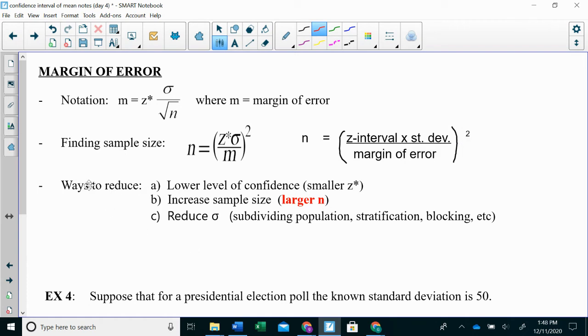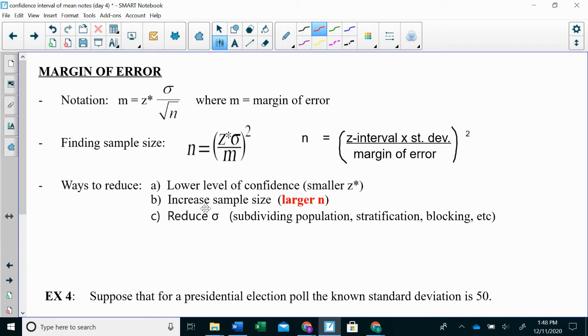Right. There's different ways that we can reduce margin of error. We can lower the level of confidence. So a 95% confidence, okay, let's drop it down to 90% confident, or 85% confident. So when we reduce our confidence level, that gives us a chance to reduce the margin of error.